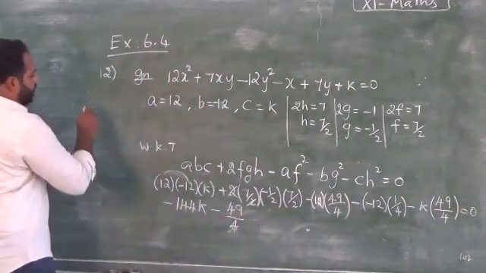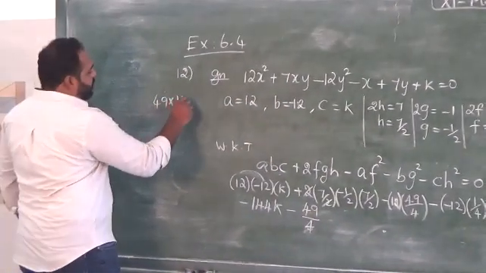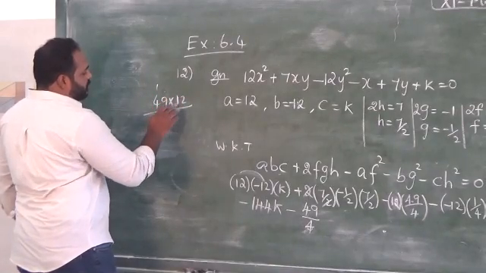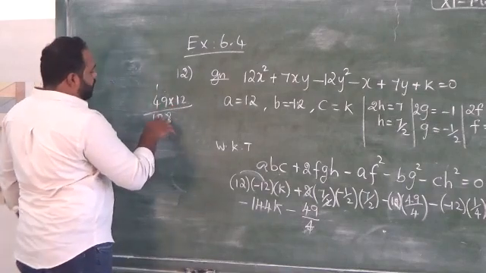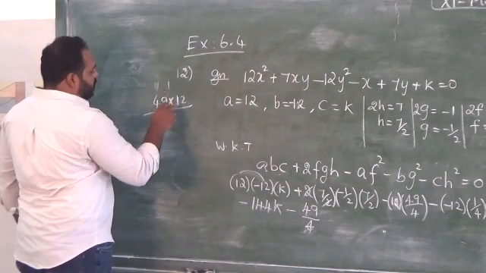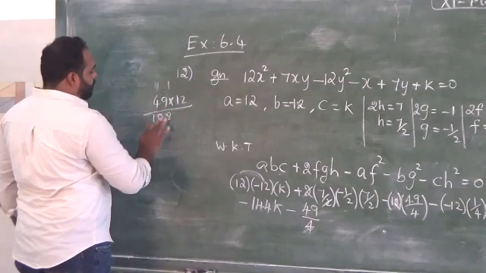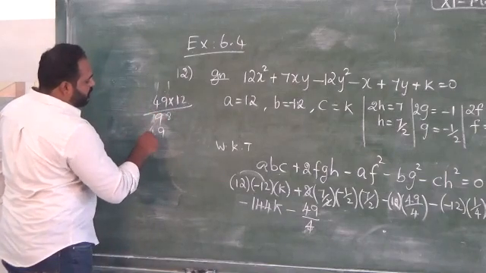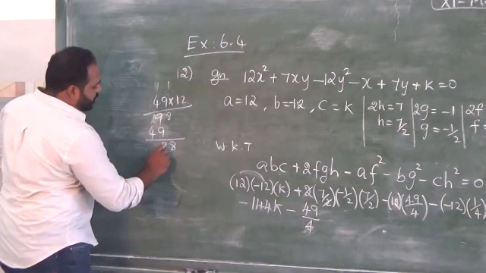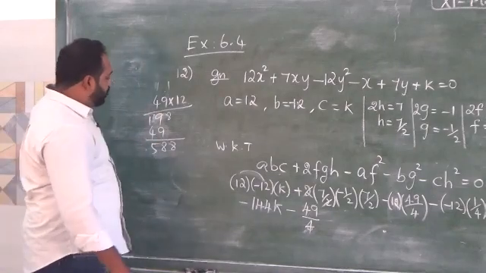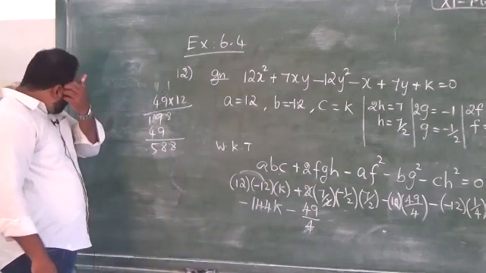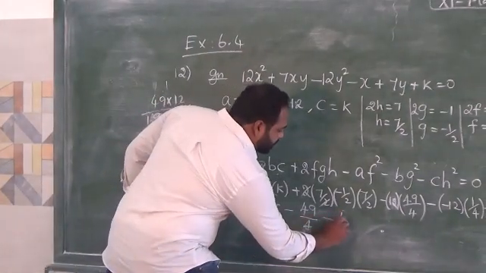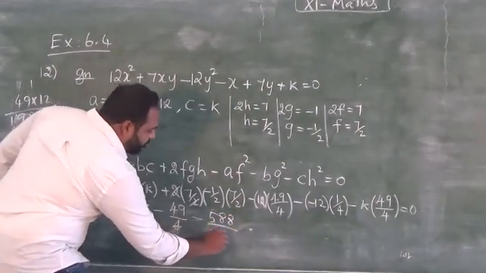Next multiply 49 into 12, it gives 588. So it is minus 588 divided by 4.